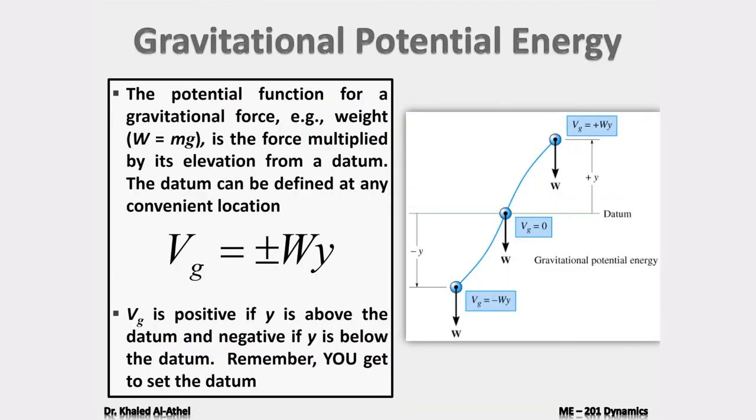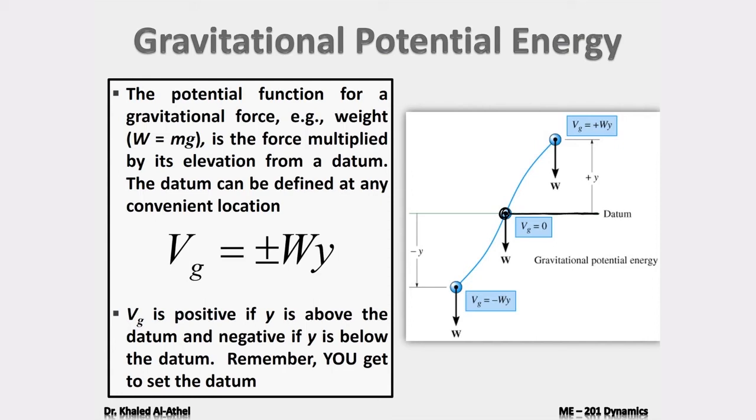Now, let's take the mathematical derivation of these. How can I write an expression for these? Let's look at the gravitational potential energy. For an example here, we consider the particle that is in the middle. Whenever you write potential energy of the weight, you must, and again, I insist that you must, first define a datum.